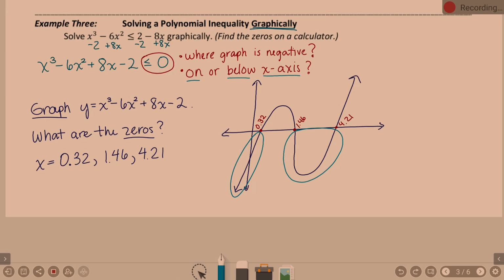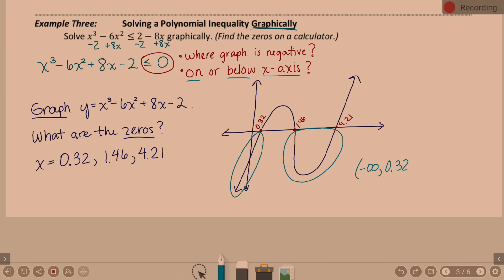below the x-axis. So basically we're looking for our sections that are below the x-axis. This section to the left of 0.32 is going to be negative infinity to 0.32. Now, why was I told a bracket this time? Because we're equal. Because it says or equal to 0.